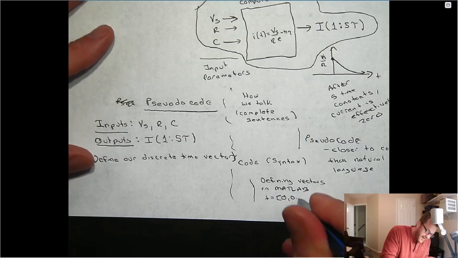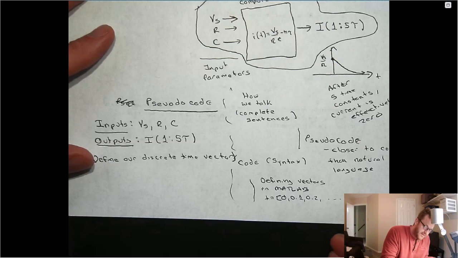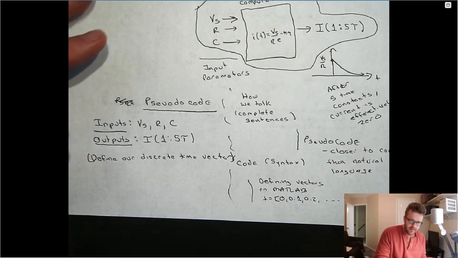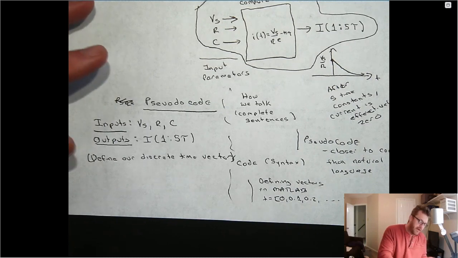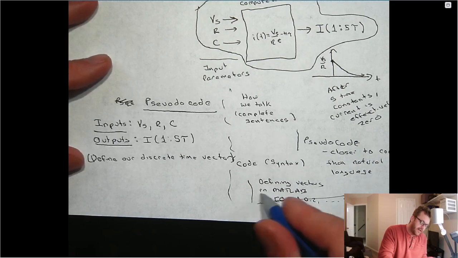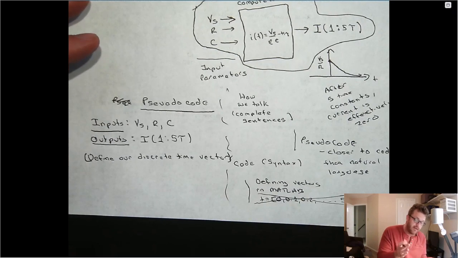So I'll make this 0.1, I'll make this 0.2, and so on and so forth. That's probably not going to be a good way to do it, right? Because depending upon the value of tau, you're going to have a lot of individual keystrokes where you're having to explicitly define the elements in the vector here.